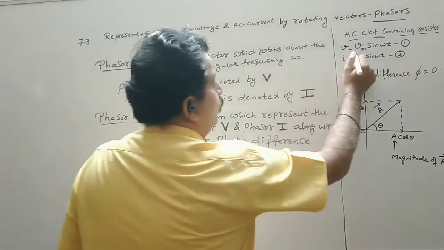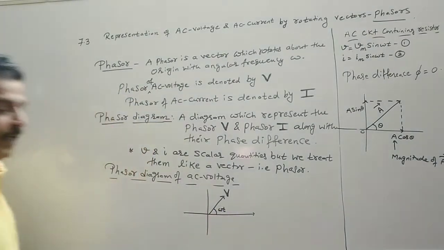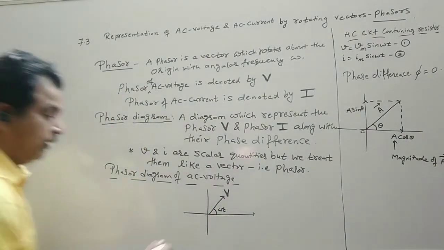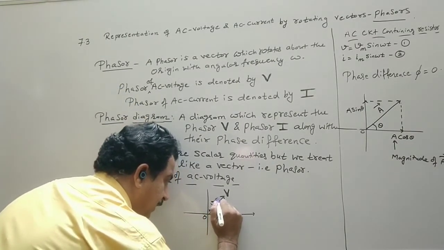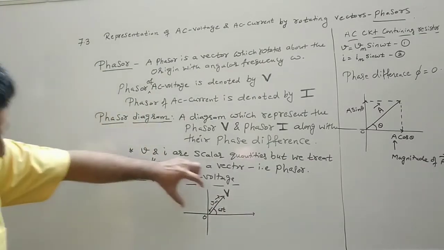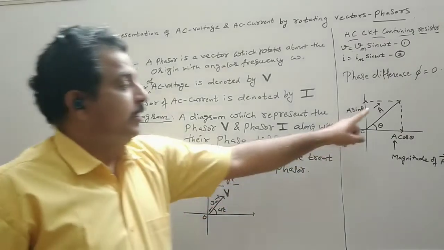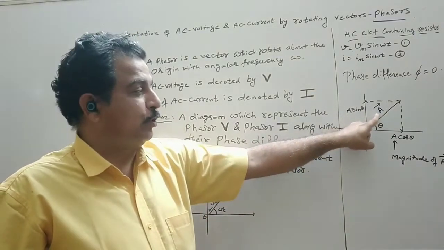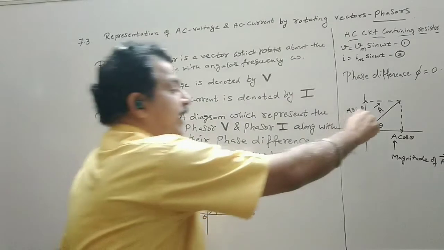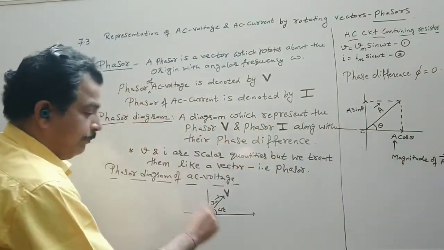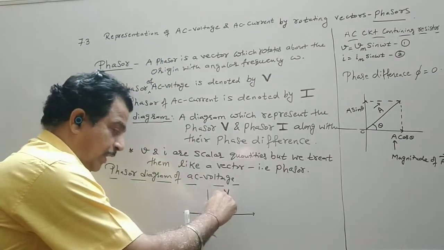This angle will be termed omega t, and the magnitude of this vector is Vm. It is similar to a vector A: in place of vector A, we represent V. The magnitude of vector A is A; here the magnitude, or the peak value or amplitude, of this vector is Vm.